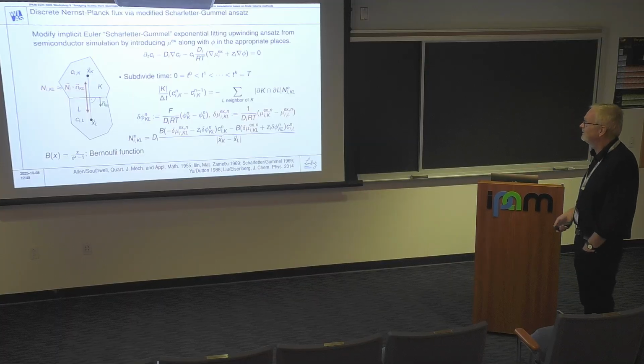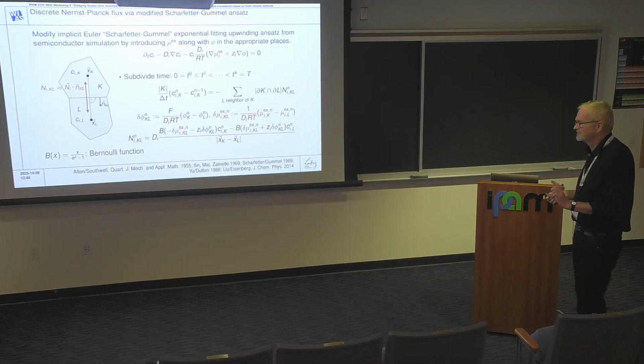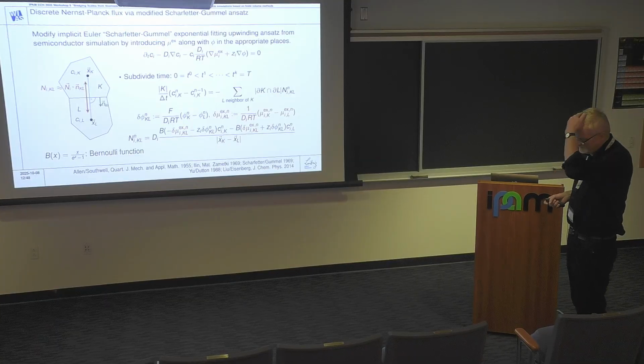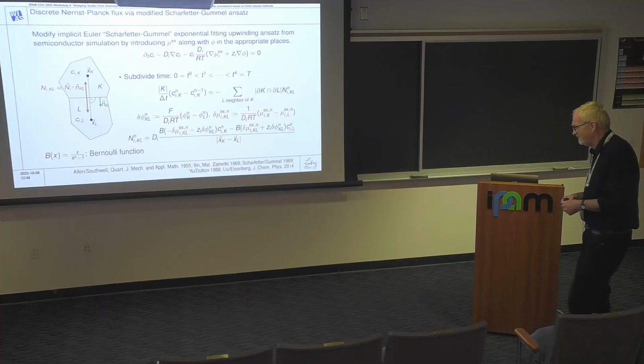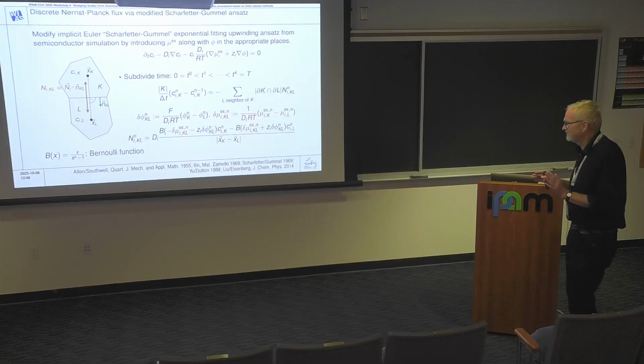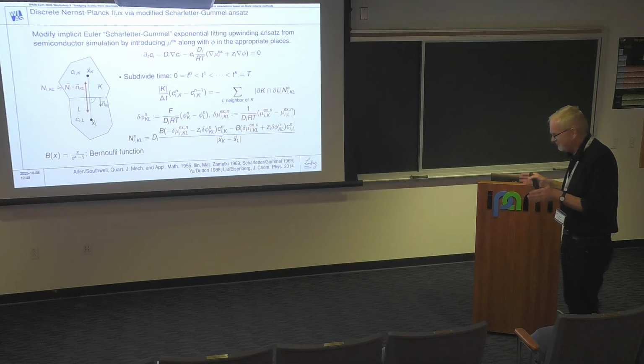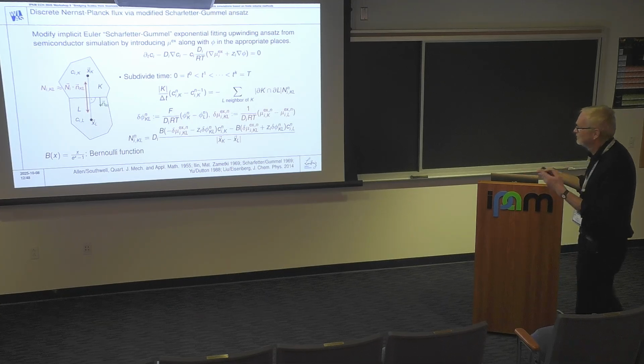This scheme is a particular exponential fitting upwinding scheme, which takes into account the need for artificial diffusion, a reformulation of upwinding such that it is minimized just enough to get a stable scheme. There are other upwinding schemes which do this in a more coarse way.